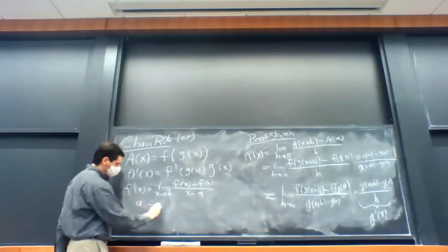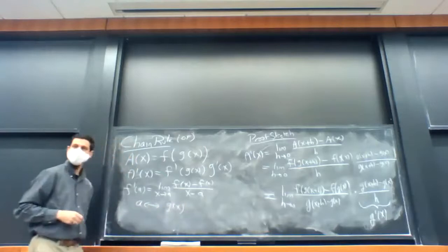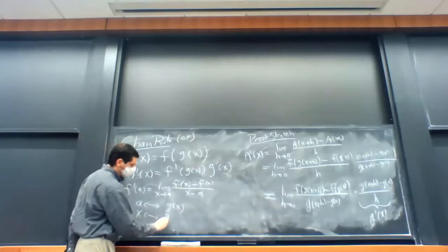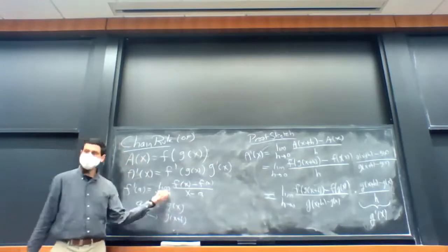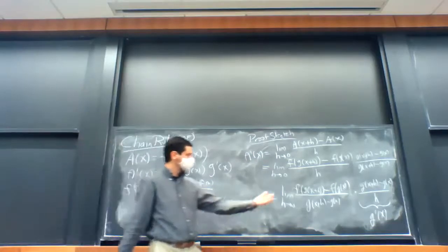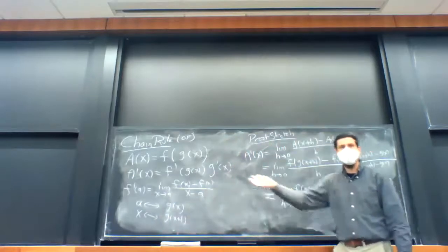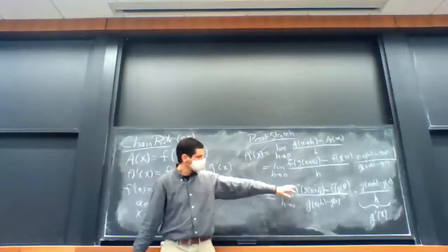You know, a is really g of x, and x is really g of x plus h. Now, in this limit, we take any path of x going to a. This is going to be a special path, but that's fine. If the limit exists no matter what path it takes, the limit exists if we go along our special path.